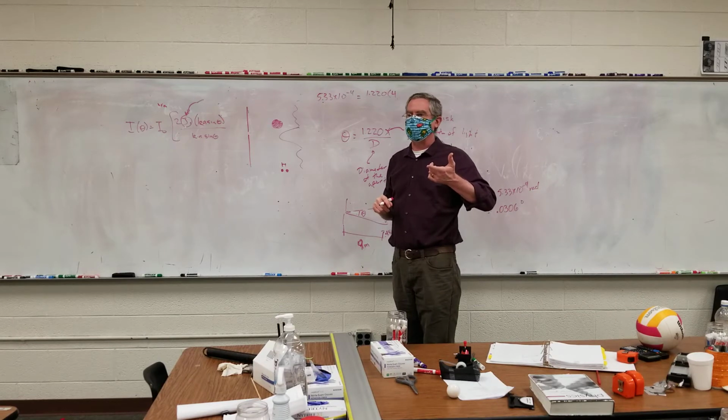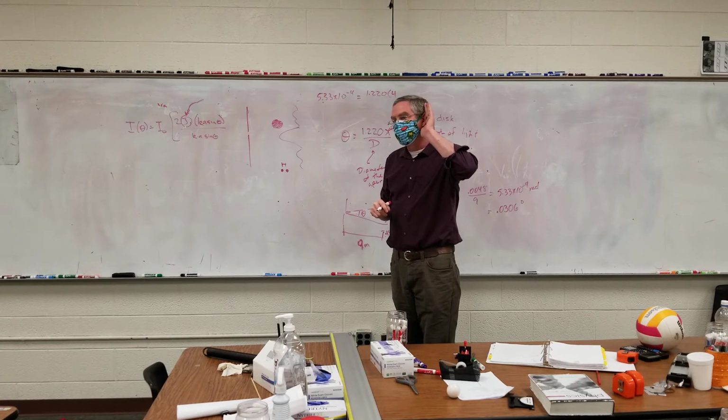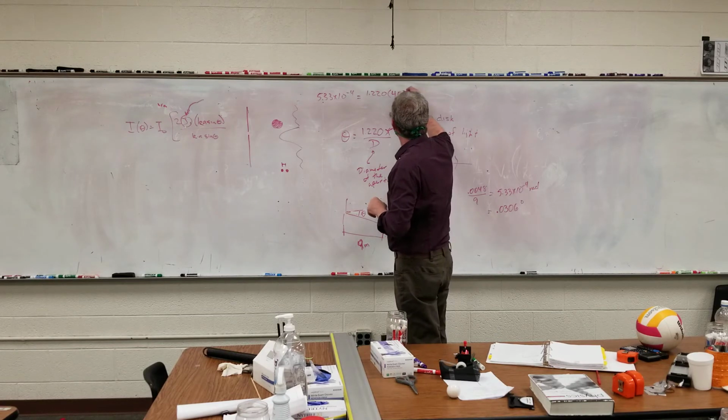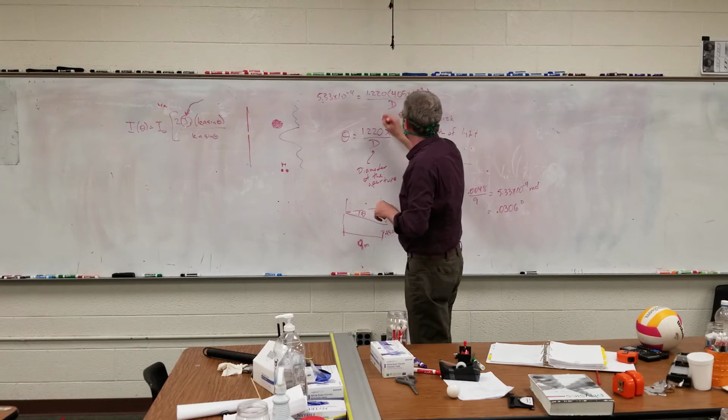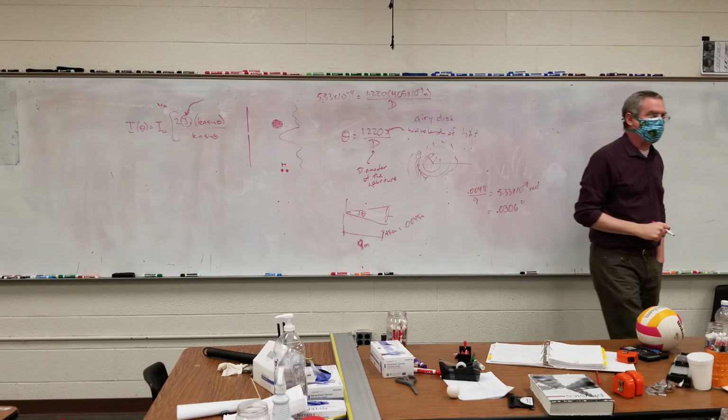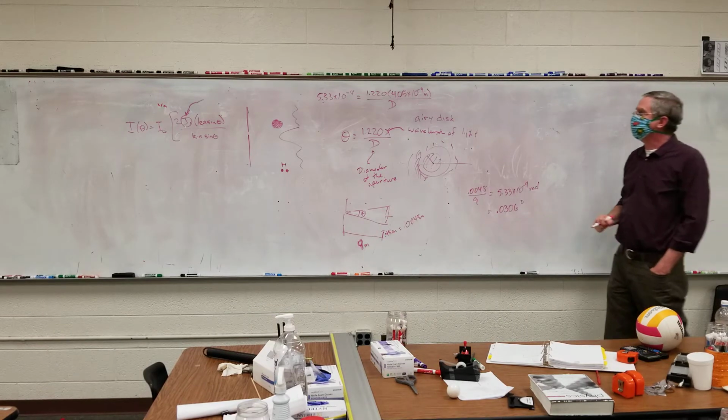What's the manufacturer say? 405, yeah. Times 10 to the negative 9 meters, divided by D. That's the size of the aperture, that's basically the size of your pupil.